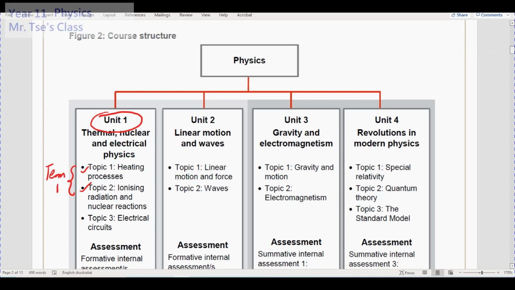Then term 2 is more about topic 3 of unit 1 and topic 1 of unit 2. And the third will be the rest of topic 1 in unit 2 and topic 2. Unit 3 and unit 4 are for the external examination. You should have known that. And unit 1 and unit 2 are more for the internal assessment.